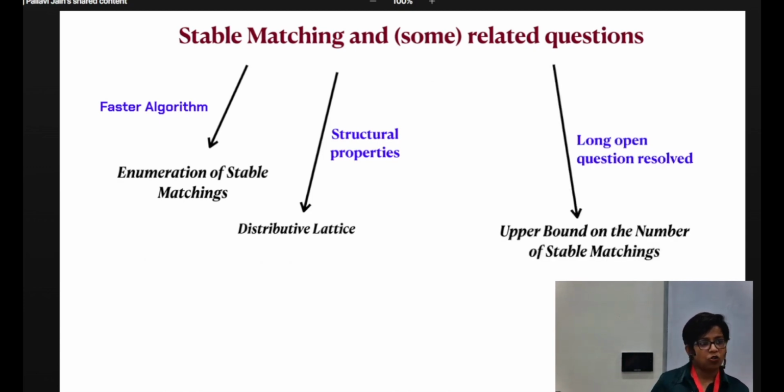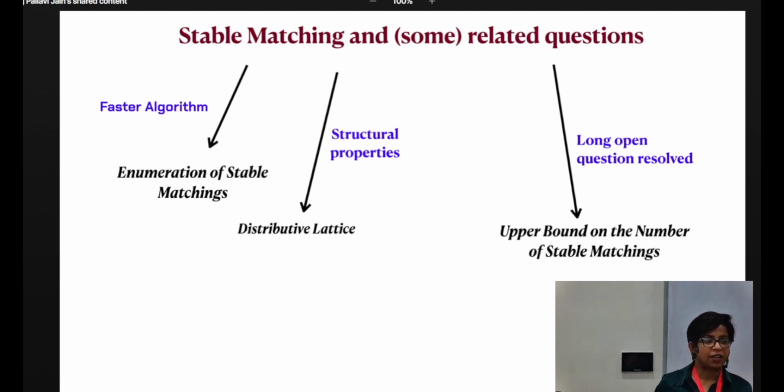A long open question was giving an upper bound on the number of stable matchings. Like I said, the lower bound was well known for decades, but the upper bound, up until 2018, was at best n factorial. So 2 power n and n factorial, you can see this is a chasm of difference. People worked for decades to push it down, to tighten the lower bound or push down the upper bound.